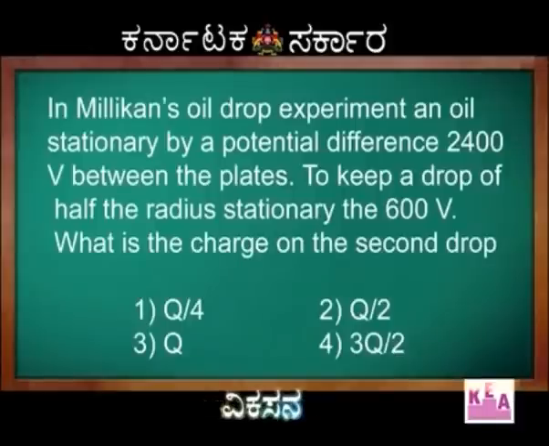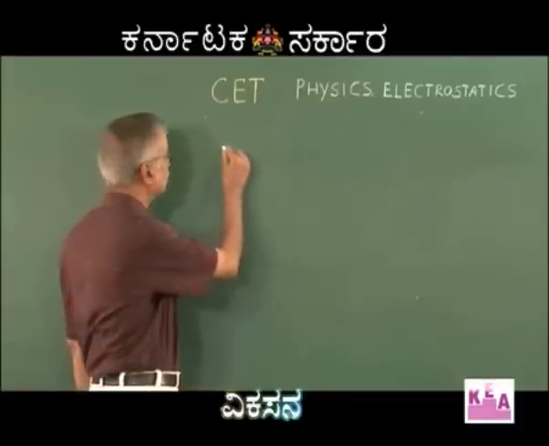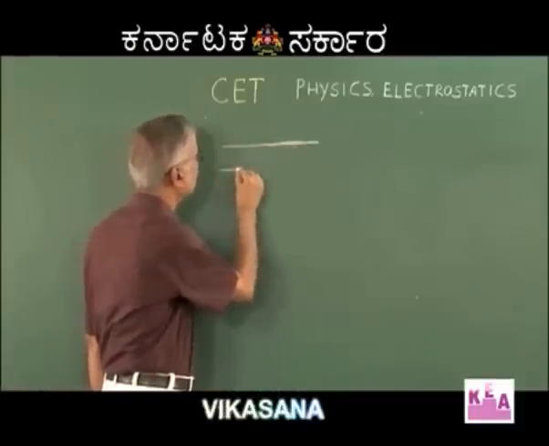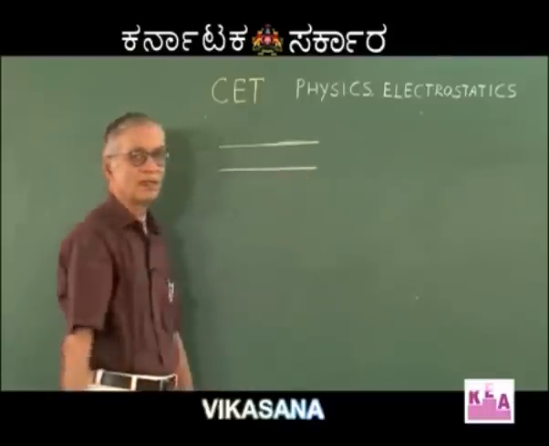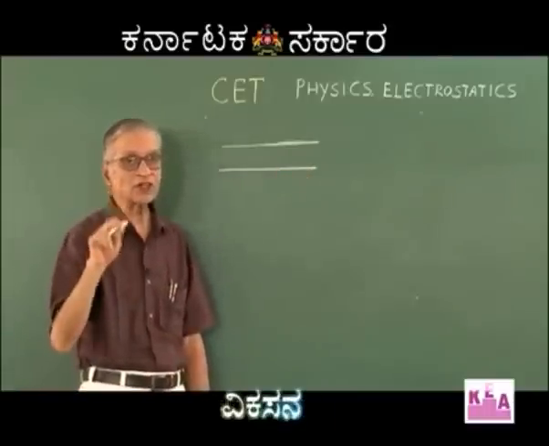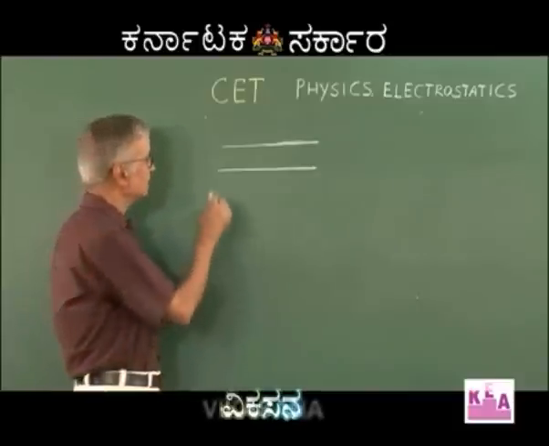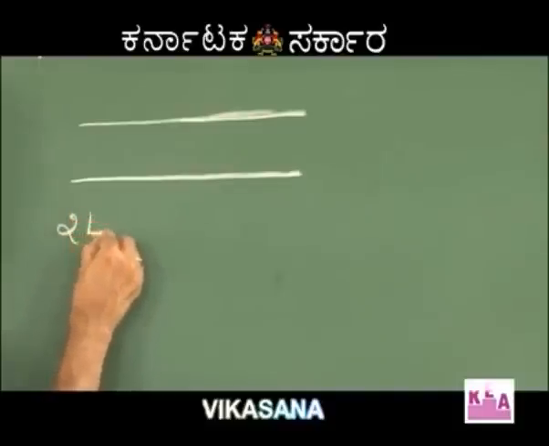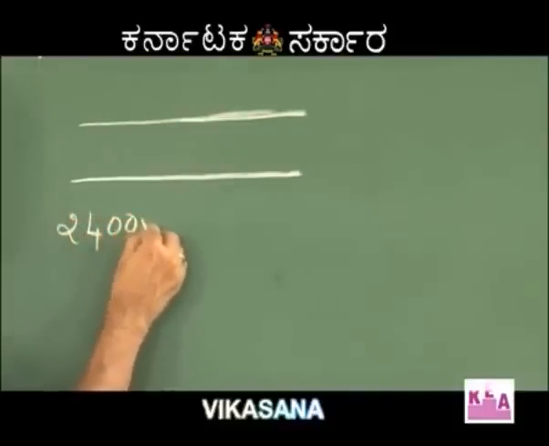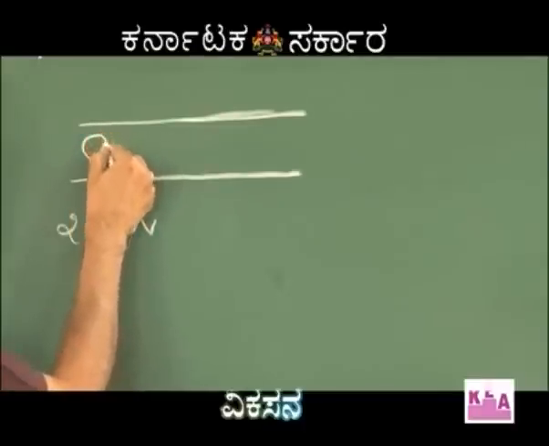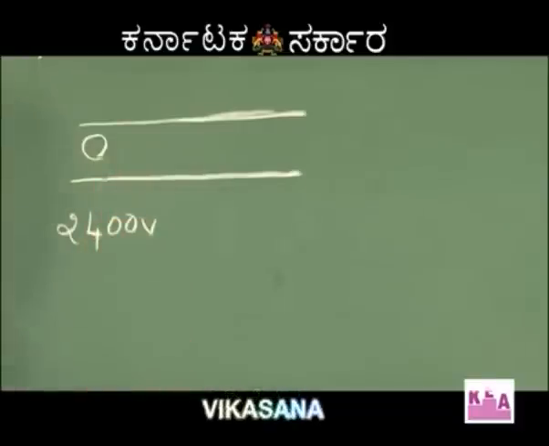In Millikan's oil drop experiment, there will be two charged metal plates between which potential difference is maintained. In the first case, he says potential difference of 2400 volt is maintained between the plates. It keeps an oil drop of radius r stationary.